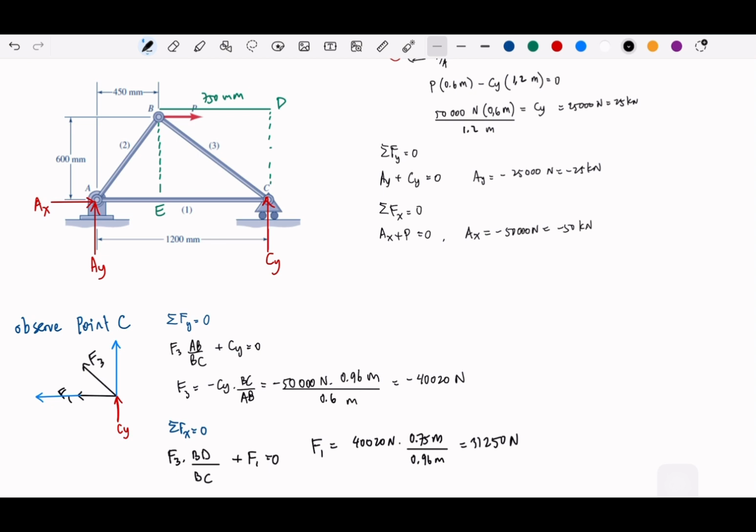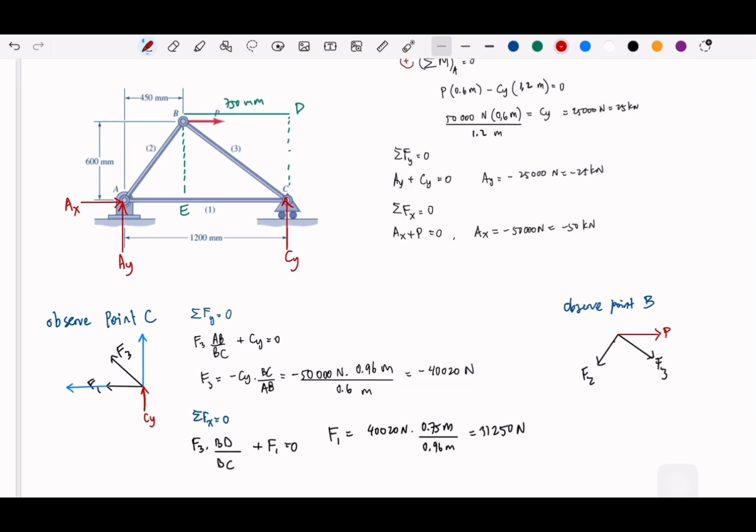And then at B, we can also observe what happens at B to get the last one. So at point B, we have the F2 over there and F3 and the B. Since we only want to get the F2, I will just take only the vertical axis.